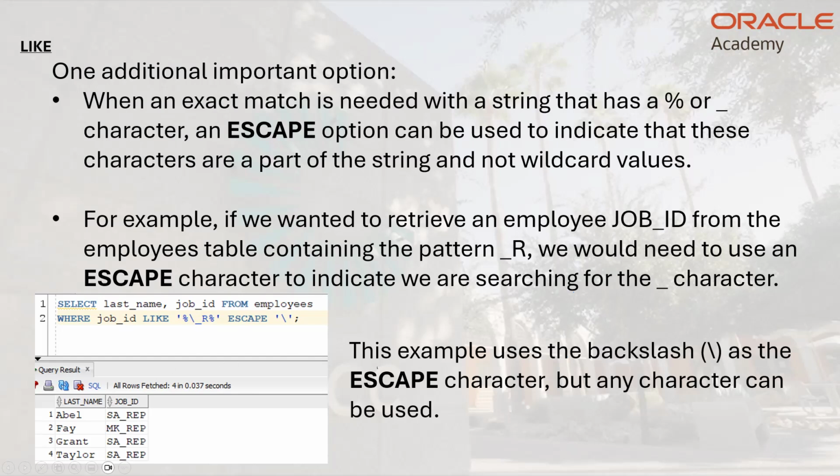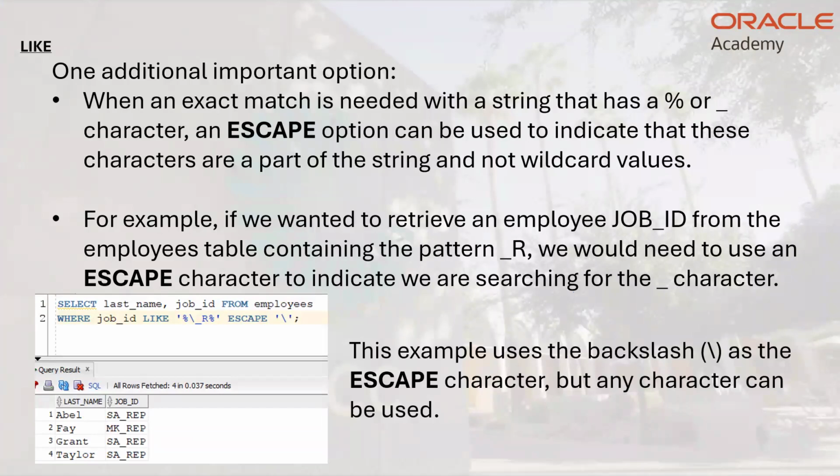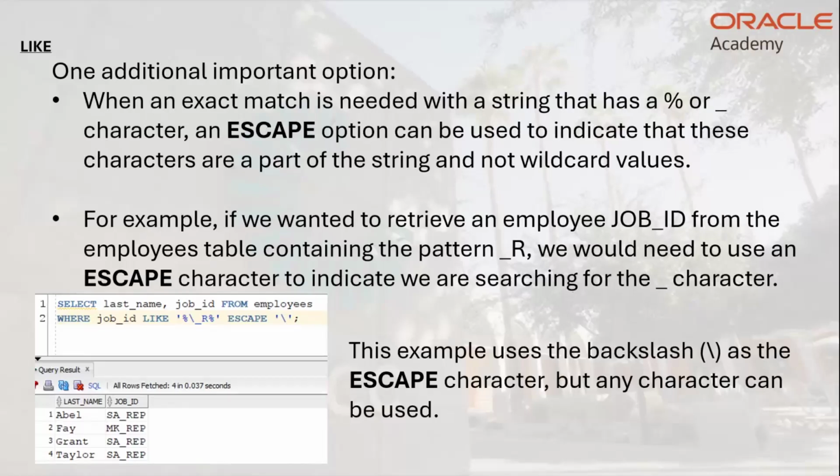All right, let's just try it here. We're going to take that query, no concatenation, from employees where job ID might be like percent underscore R in our double quotes without the escape.